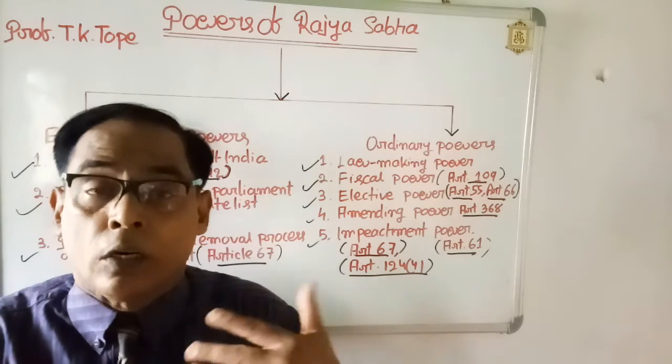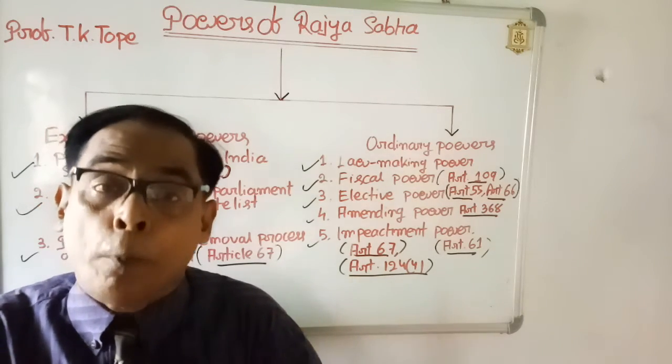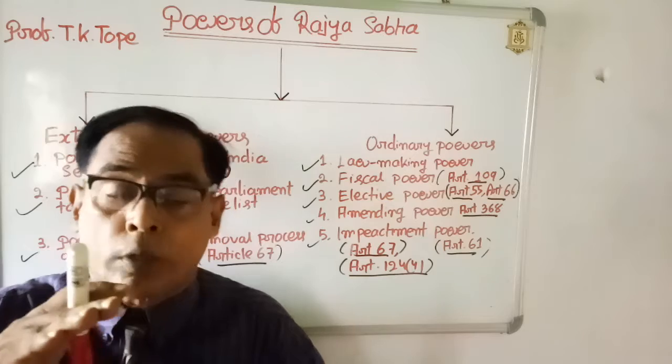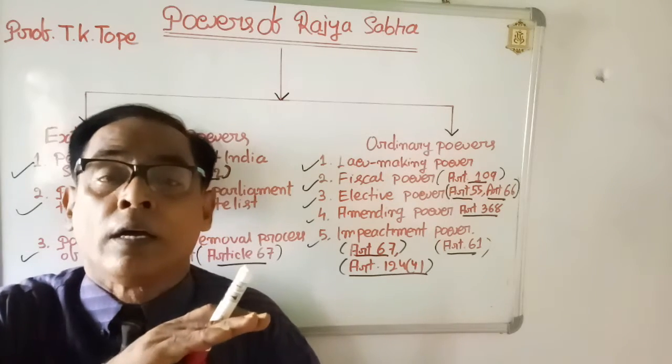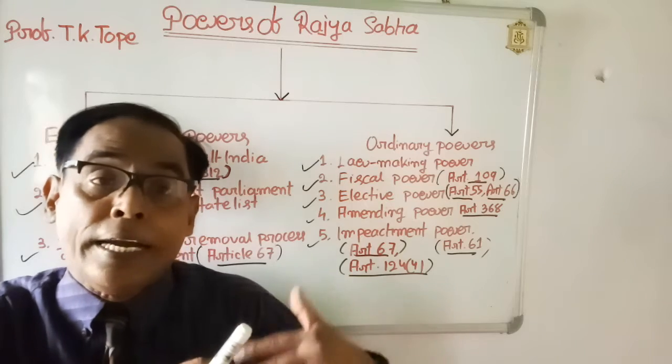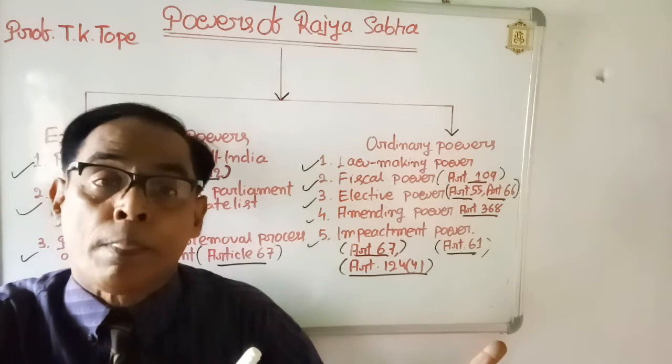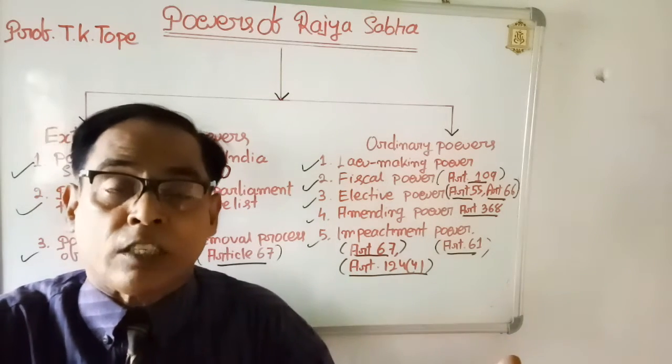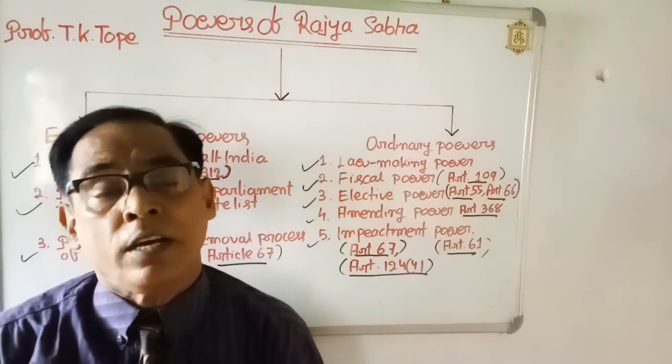The proposal can also come from Lok Sabha. If it is approved in the Lok Sabha, it will be referred to Rajya Sabha for approval, and if it is approved by the Rajya Sabha, it will be referred to the President for signature.